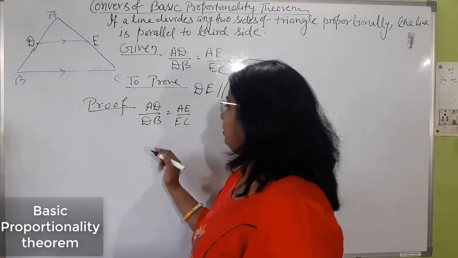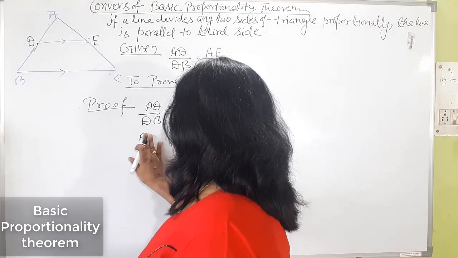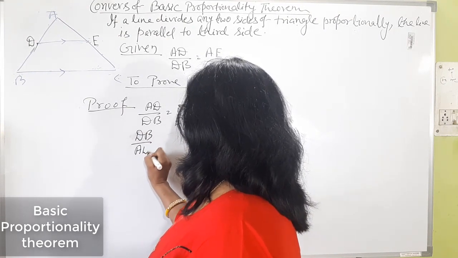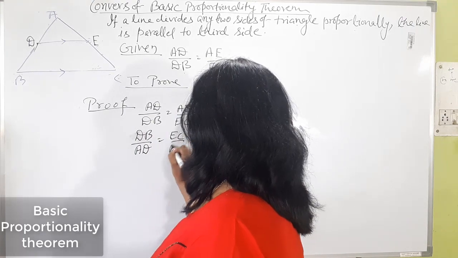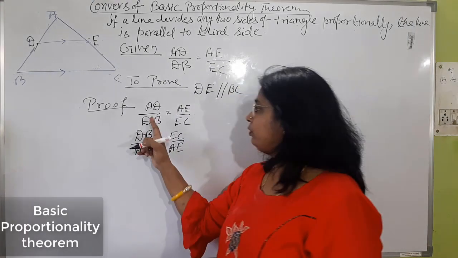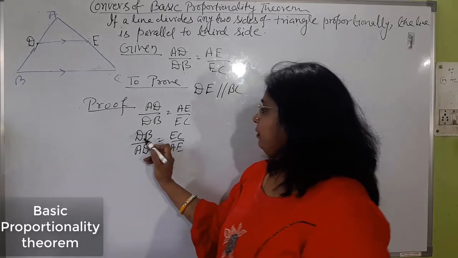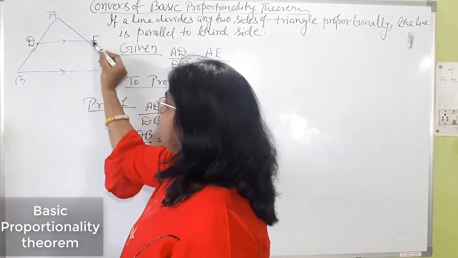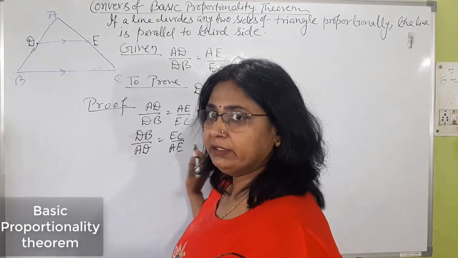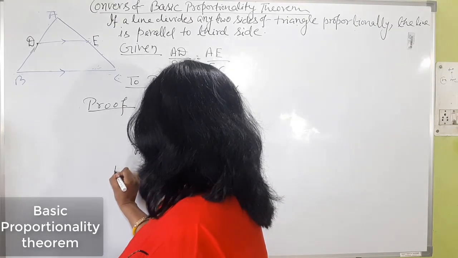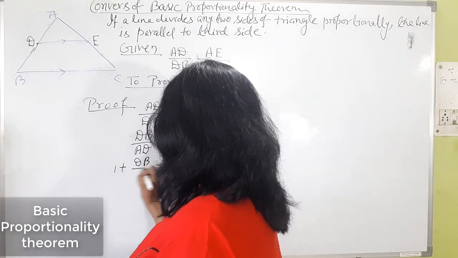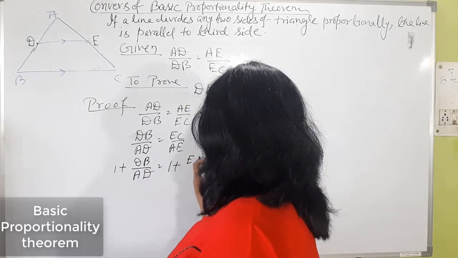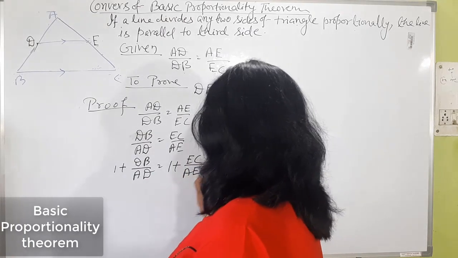So taking the reciprocal of both, DB by AD is equal to EC by AE. Now adding 1 to both sides: 1 plus DB by AD is equal to 1 plus EC by AE.